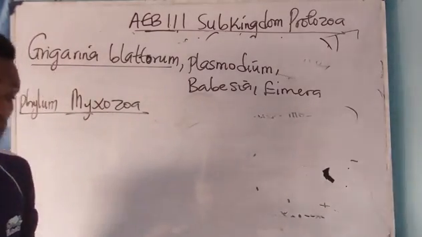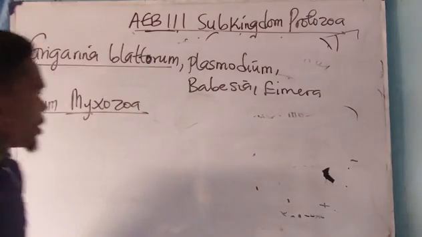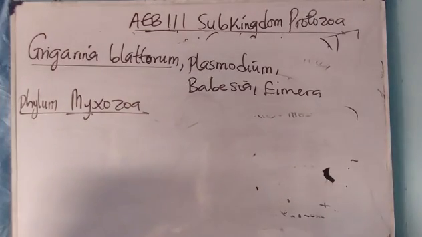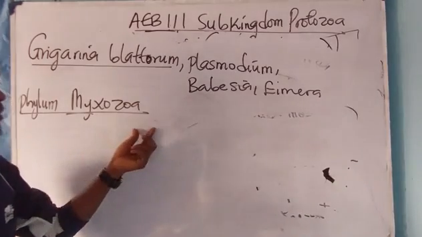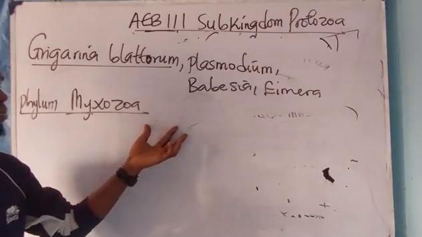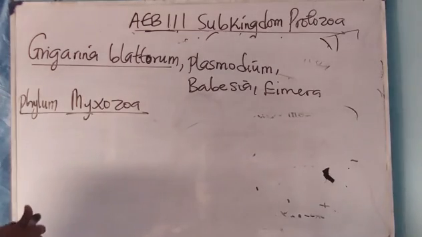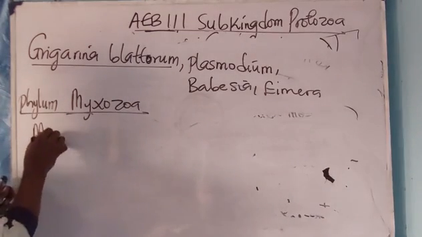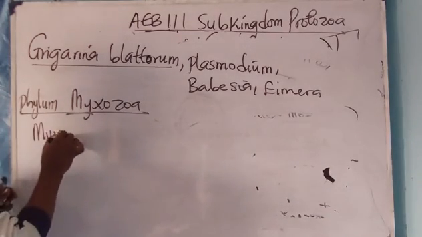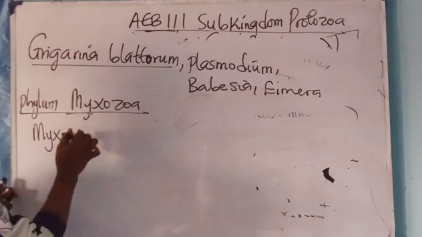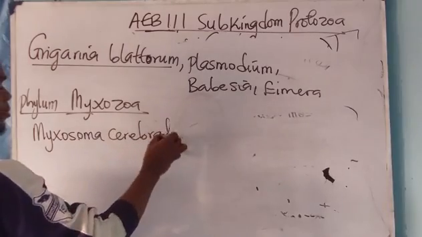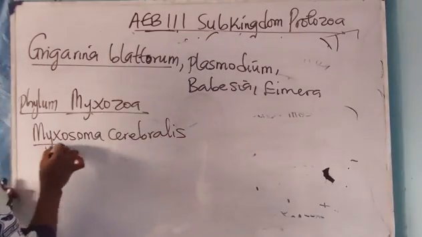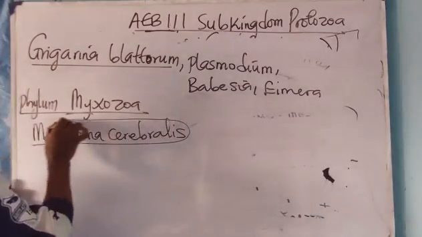These things are very complex. The one that is found in the nervous system of fish, trouts and salmon, is called Myxosoma cerebralis. Take note of that, please.